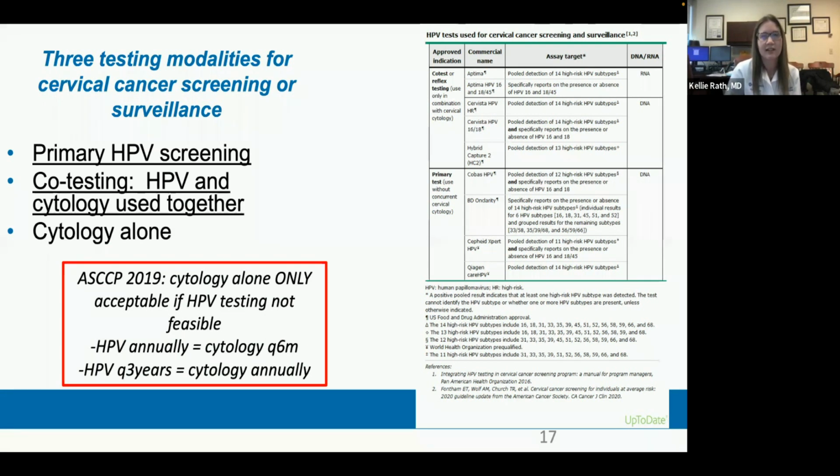And in 2019, they released new guidelines. And I think one of the biggest things that they talked about was that cytology alone is no longer something that we strongly recommend for most patients, that the only time we should be using cytology alone is if we don't have access to an FDA approved HPV test. And so primary HPV screening, co-testing, or cytology alone.